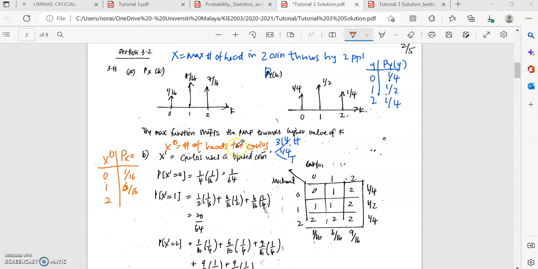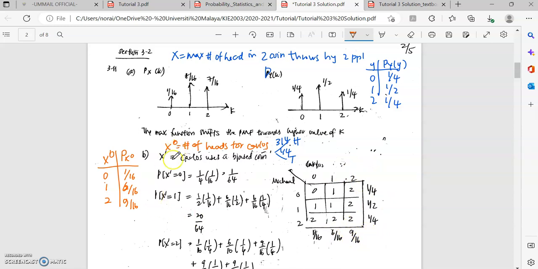And for 2 heads, 3 over 4 times 3 over 4, you have 9 over 16. So how do you read this? For 0 heads for Carlos, the probability is 1 over 16. For 1 head, 6 over 16. The probability of 2 heads is 9 over 16.